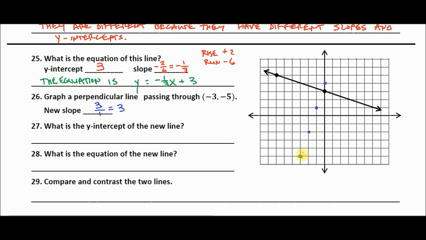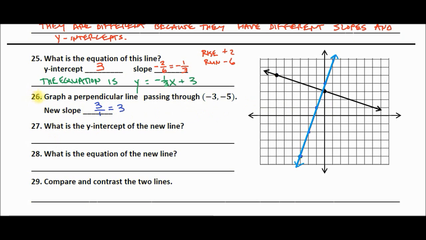If I stopped right here and drew a line, I may not draw it very accurately. I'm going to have to guess what the y-intercept is. As long as I kept on going with my 3 over 1, or rise over run, I finally hit a point on the y-axis. Let's go ahead and create that line. Again, we're using a straight edge to get as accurate as we possibly can. There's our perpendicular line. Let's go ahead and draw some arrows on it.